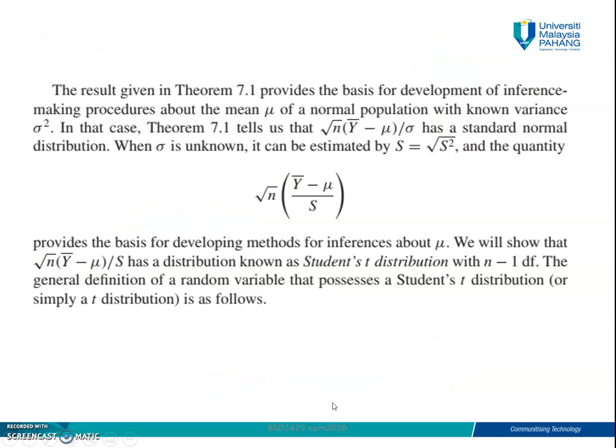So the result given in Theorem 7.1 provides the basis for development of inference-making procedures about the mean of a normal population with variance sigma square. In that case, Theorem 7.1 tells us that square root n times y bar minus mu over sigma has a standard normal distribution.